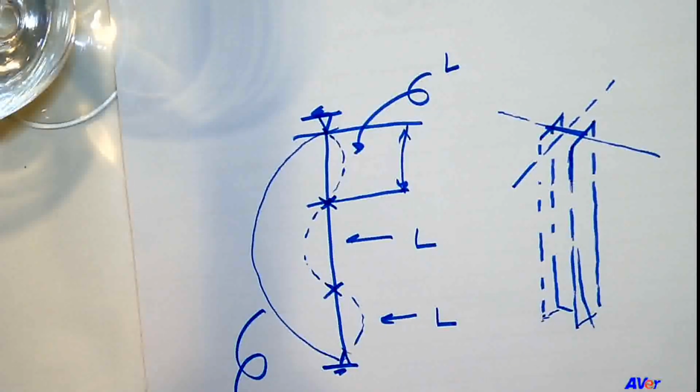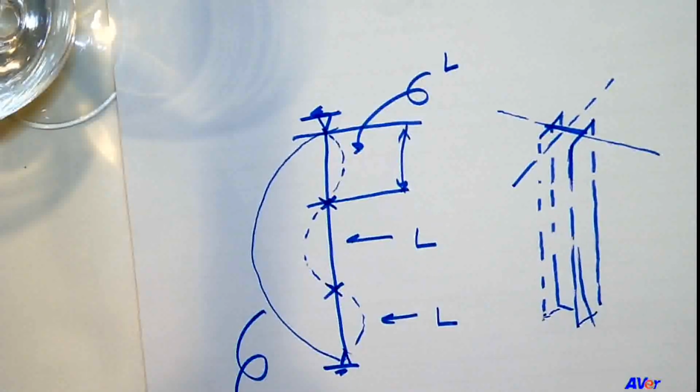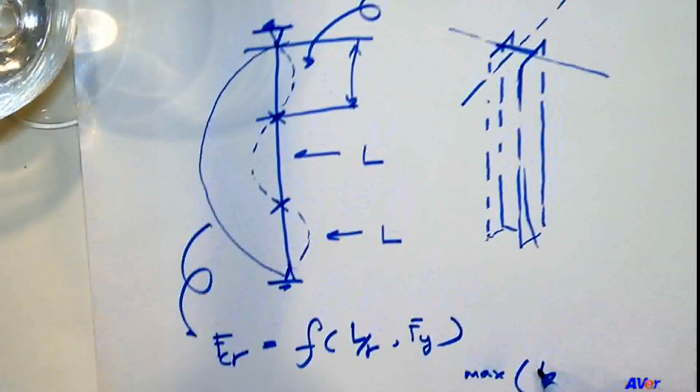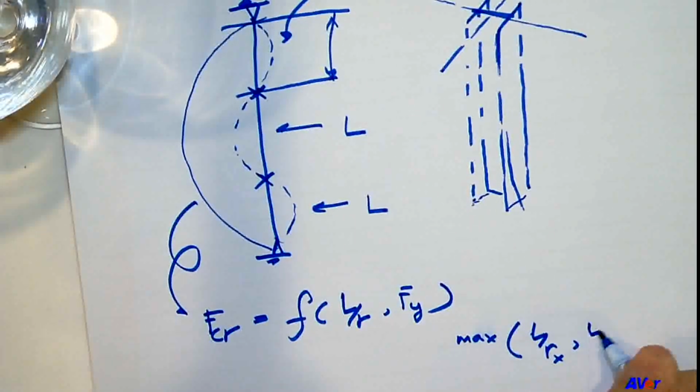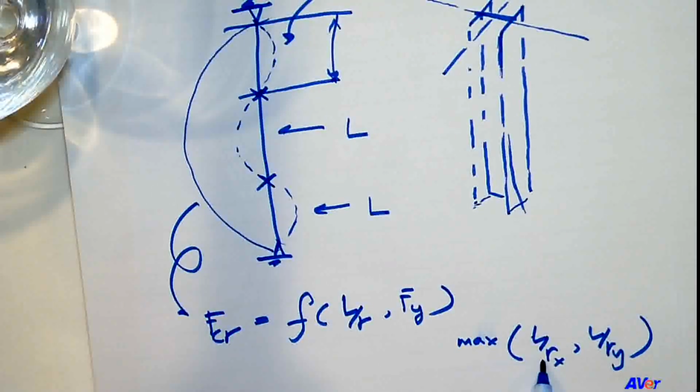That is why we need to check and find the maximum L over Rx and L over Ry. The maximum value will mean that in that particular axis it is more slender, and it is going to buckle in that axis first. And that becomes the governing strength of your column.